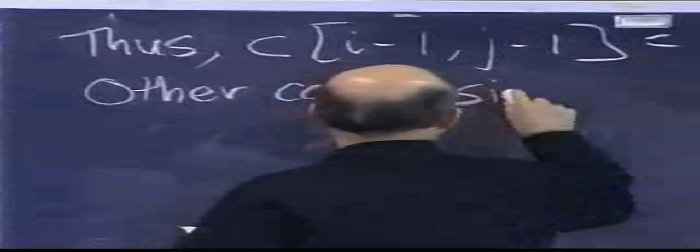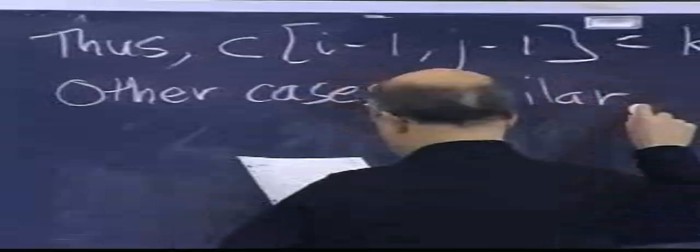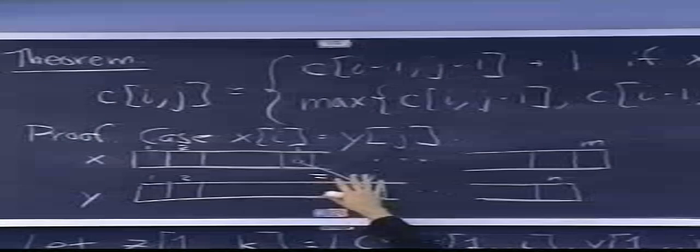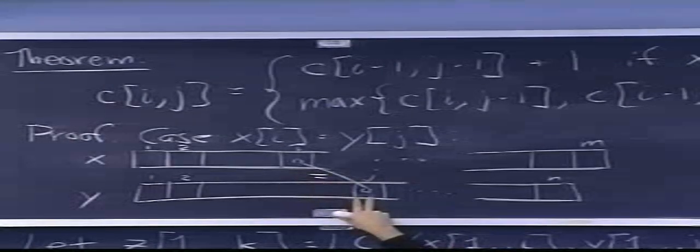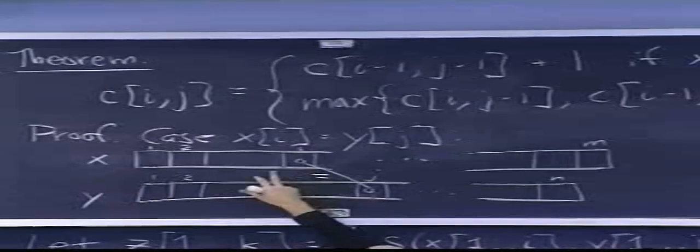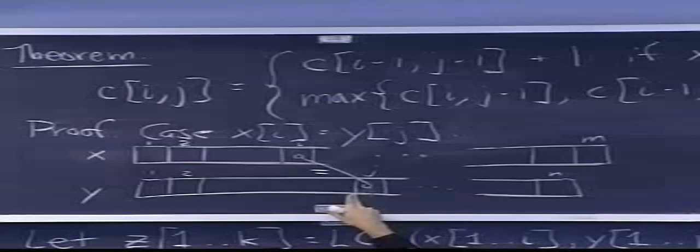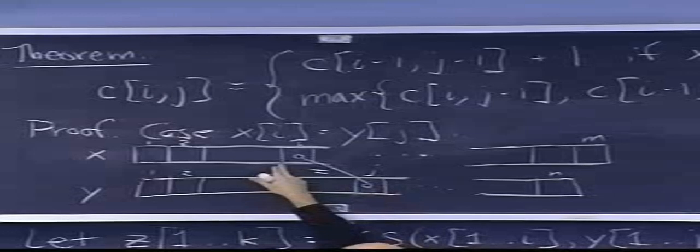And I'm not going to go through the other cases. They're in the book. The other cases are similar. That is, you take a look at what happens when they aren't equal, and then you end up with the longest common subsequence, if they're not equal, either being a longest common subsequence of the first string with the prefix of the second, or the second with a prefix of the first.